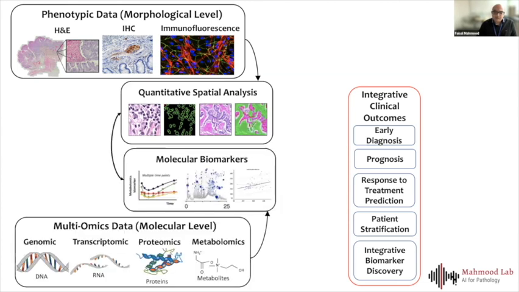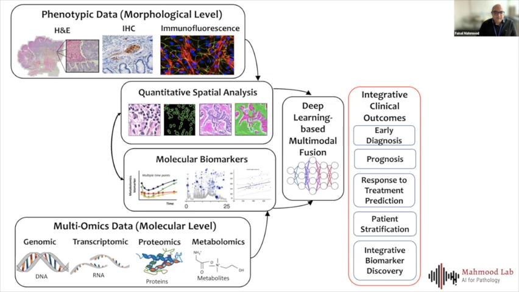But another thing that we like to do is that we like to include markers that are already quantitative and are increasingly becoming available, and this includes genomic, transcriptomic information, and so forth. And we use a lot of modern deep learning and machine learning methods and algorithms to integrate this information together.